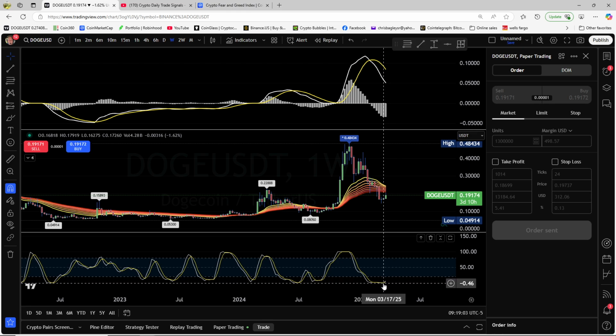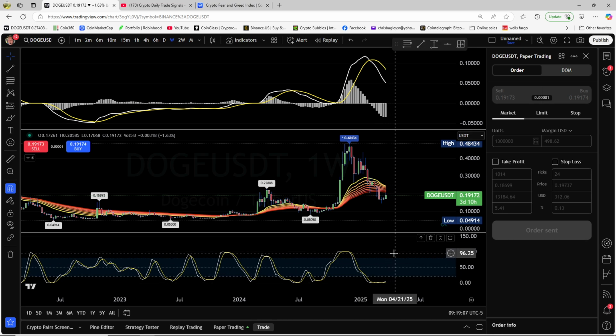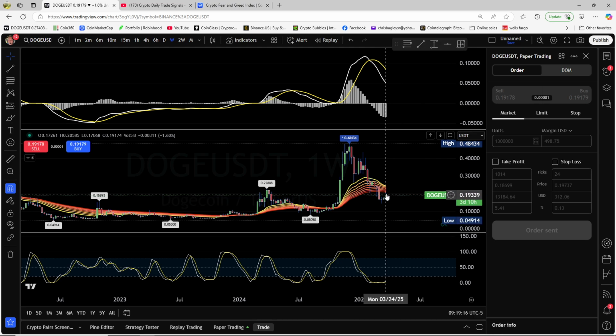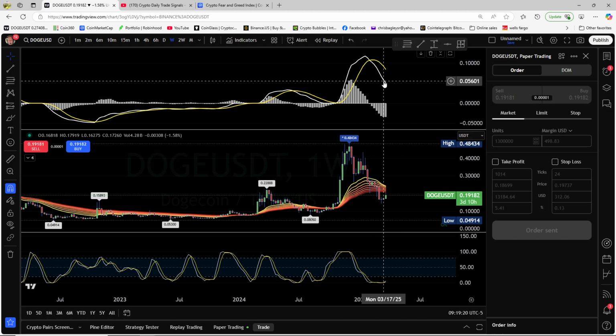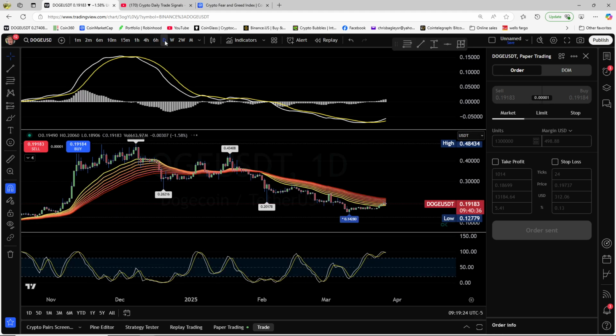It is currently at the bottom. Well, it's got to come back up, right, to overbought territory. This is making its way back down here to the midline. So once again, sideways chop. So we have sideways chop on the weekly time frame and the daily time frame.